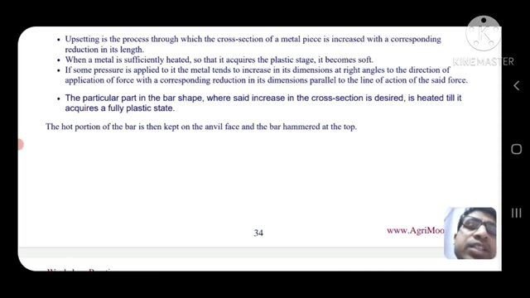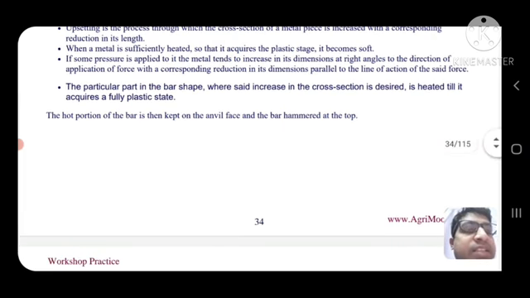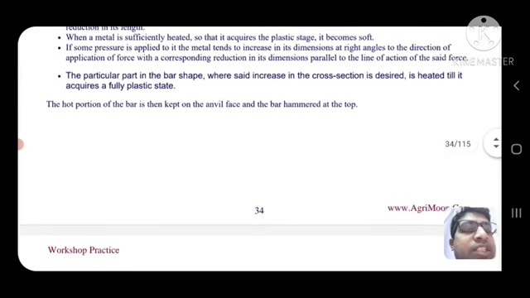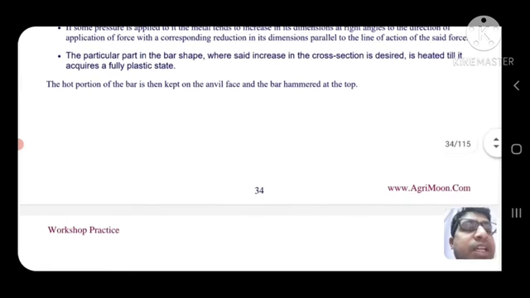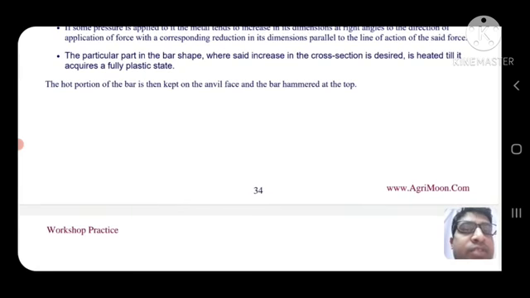If some pressure is applied to it, the metal tends to increase in its dimensions at right angles to the direction of the applied force, which corresponds to a reduction in its dimension parallel to the line of action of the force.